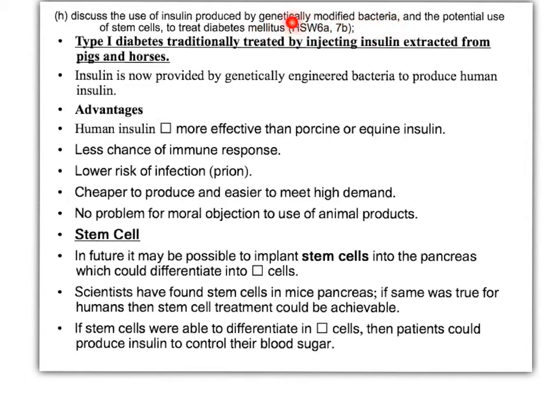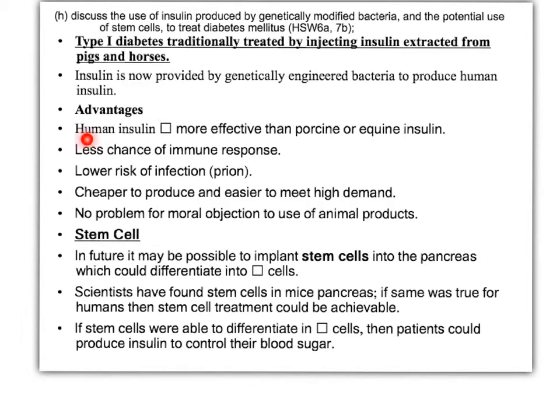And we'll look at the process of how that is done in a lot of detail when we move on to F214 next term. But there are also a few advantages of using human insulin over animal products, and I'll very quickly go through some of these.